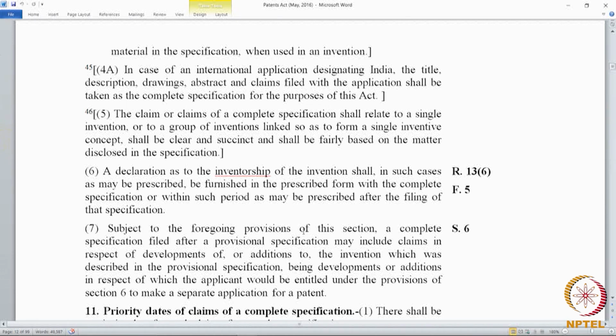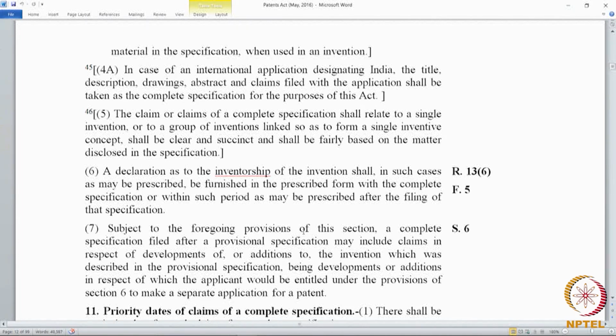So the fact that the patent is granted implies that the patent clearly and succinctly communicated the invention. Apart from the fact that the complete specification shall be clear and succinct, clarity and succinctness is a requirement for the claims.